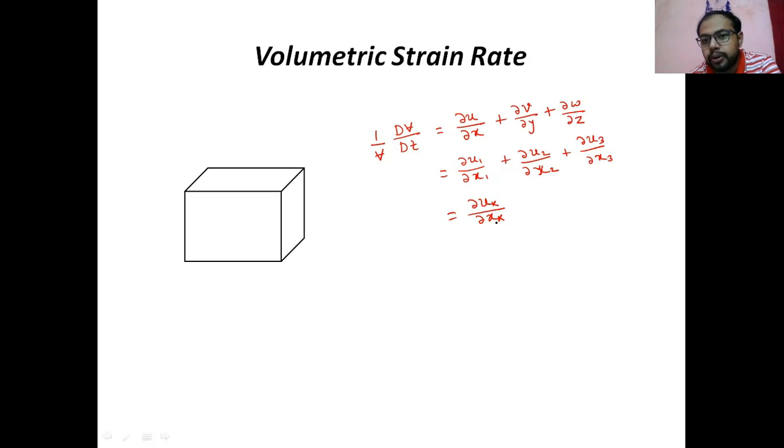As the same index k is repeated, there is an invisible summation, otherwise k equals 1 to 3. According to the Einstein notation, this summation is invisible, so you can simply write it without the summation.